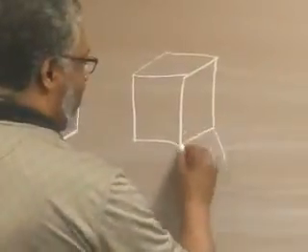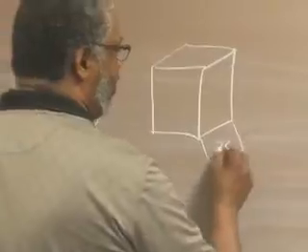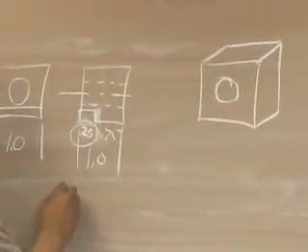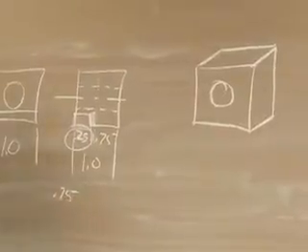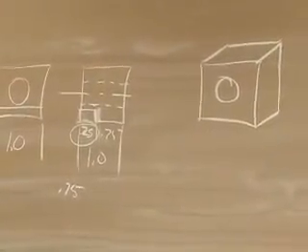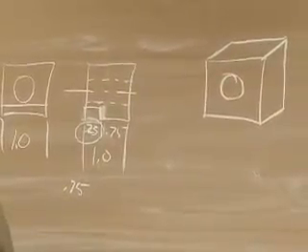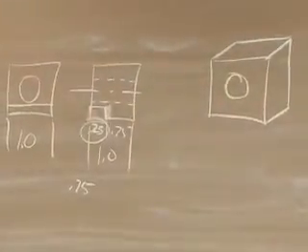Then for this cutout, this total distance would still be 0.75, but for this cutout, it's 0.75 of 0.25, which gives me what? 0.25 is 25% of an inch.